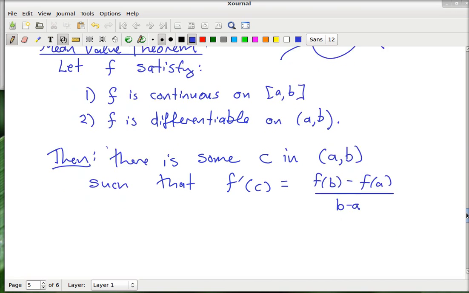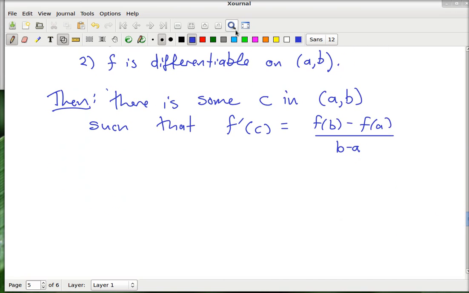So a couple ways you can think of this weird thing. What is this? This is the average rate of change on the closed interval [a, b].